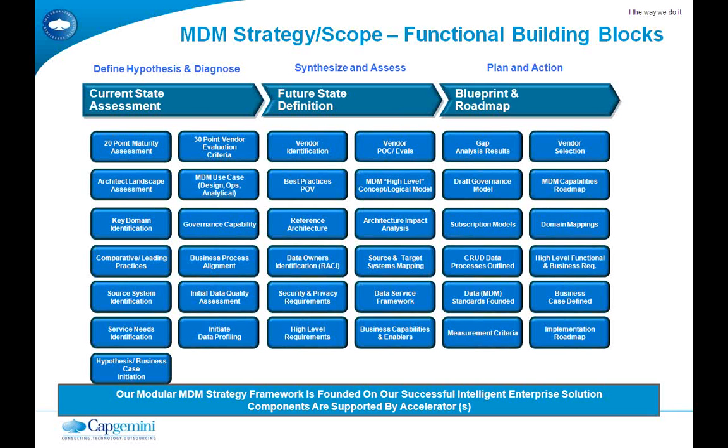So we've got to take in all of the pieces around master data management and put them together to help define what our roadmap is going to look like. There's a group within Capgemini called Intelligent Enterprise that this is what they do day in and day out. This is their complete focus. And then after determining the roadmap, we begin to go into the first phase of implementation on that roadmap.